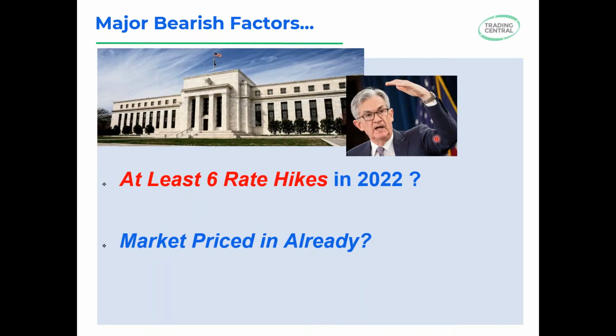A slowdown in the economy will drive authorities to do quantitative easing and fiscal stimulus again, which could be good for the stock market. At this moment we have already priced in six rate hikes for this year. In case they do fewer rate hikes, it could also be good for the market.